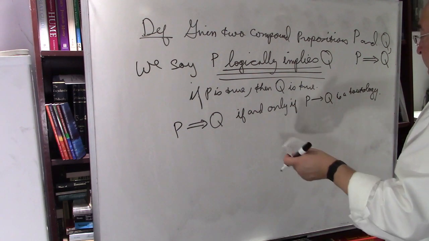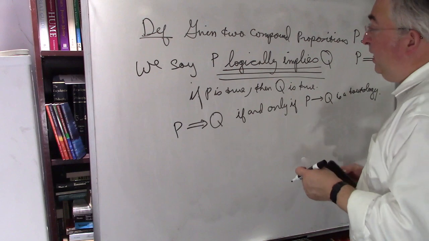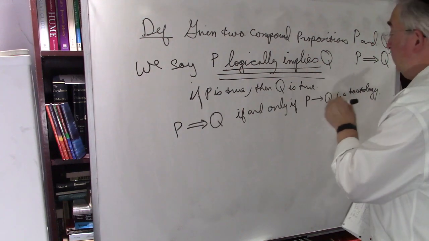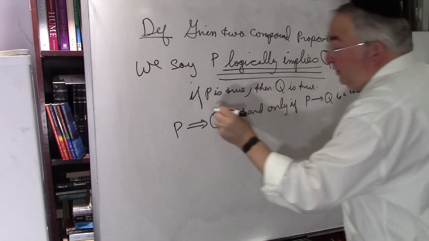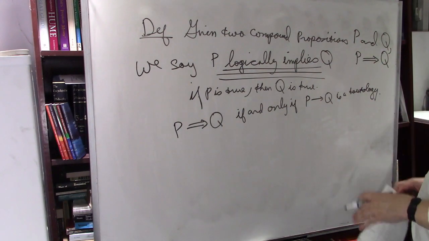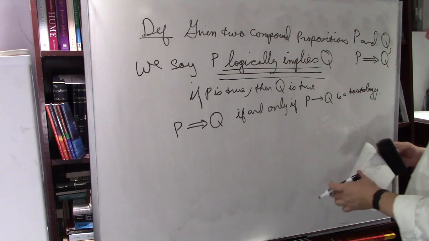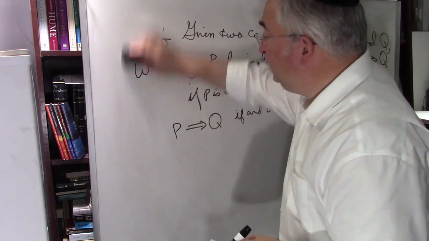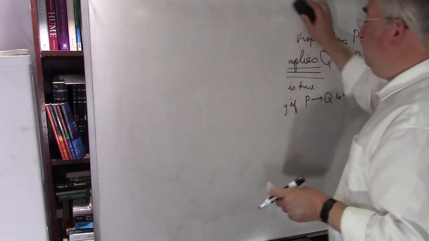So it's almost the same. Logically equivalent means it goes the other way also. This is not going both ways. One implies the other. I'm going to go through a few examples of how you use it.